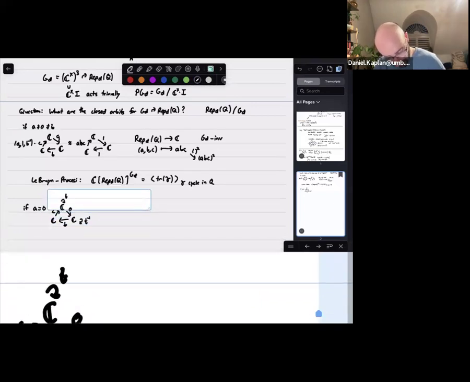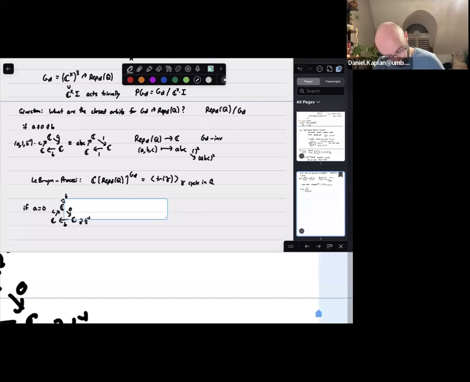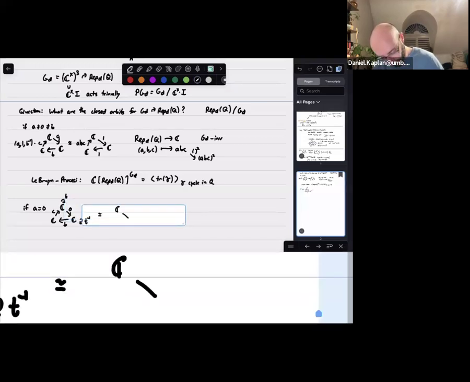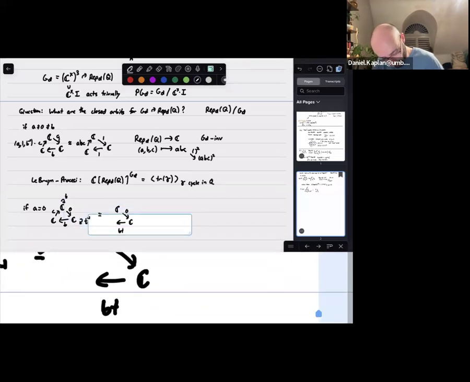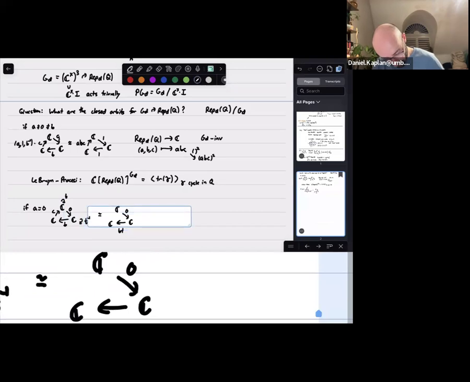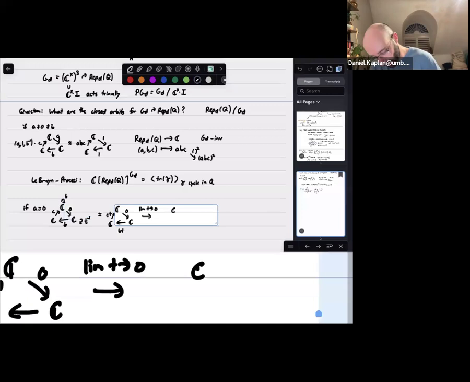I can act here by T. And then I get an equivalent representation that has this T in it. If I take the limit as T goes to 0, this limits into the 0 representation.